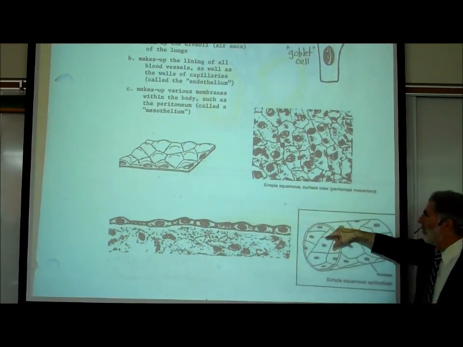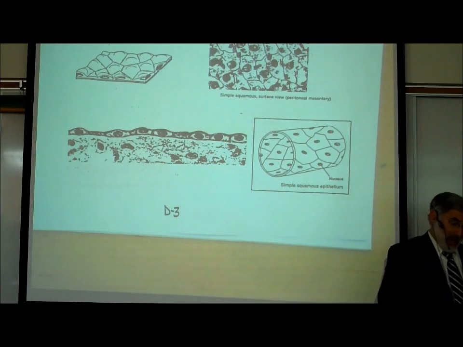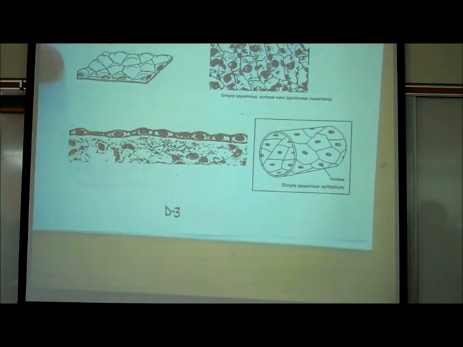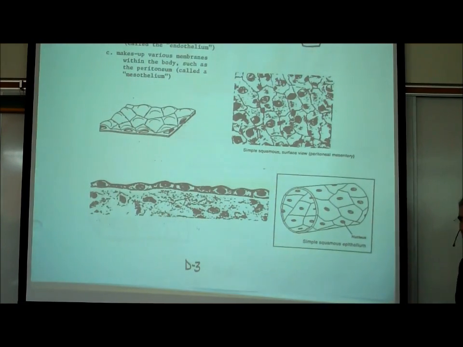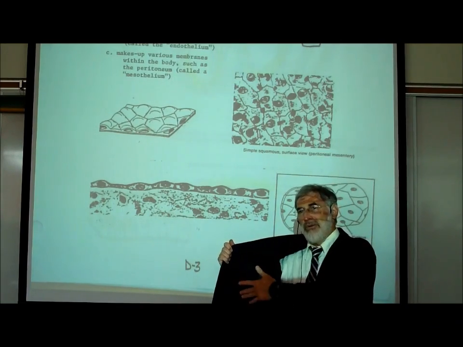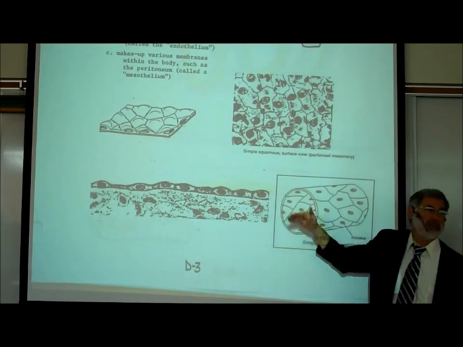It can be folded or rolled into a tube shape. In fact, this is what a capillary looks like. The smallest blood vessels are just simple squamous epithelium. And we also find this tissue forming membranes. The parietal peritoneal membrane that lines the inside wall of your intestine is just a single layer of simple squamous epithelium.